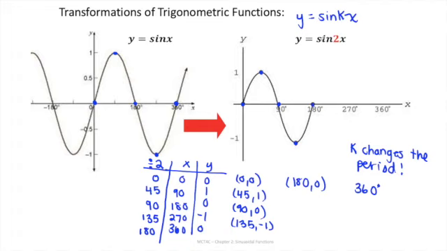Well, we now have a 2 out there, so we're going to take our 360 degrees and divide by whatever our K is. 360 degrees divided by 2 is 180. So our new period, one full cycle, remember that language from the first day, which is also called your period, is from 0 to 180 degrees, so it's 180 degrees. Okay, so this would be your new period of your graph.